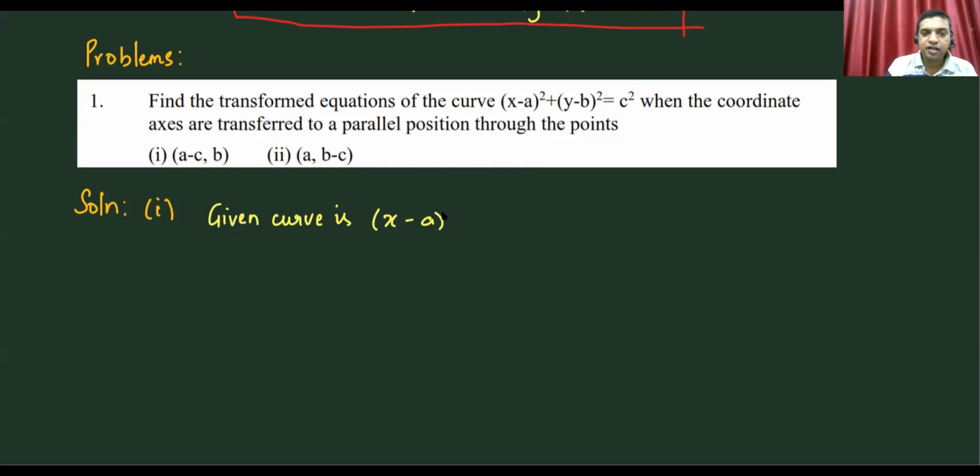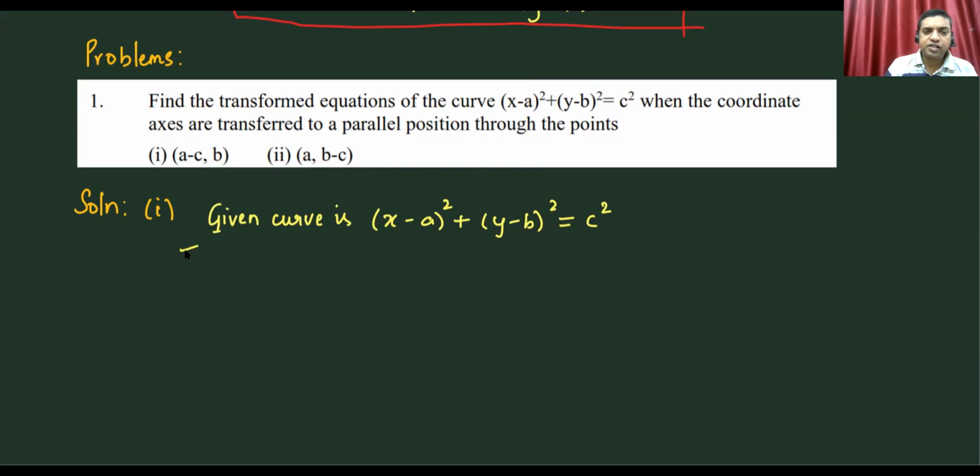(x − a)² + (y − b)² = c². Now he says find the transformed equation of the curve. So in the new set of coordinates, we need this equation.